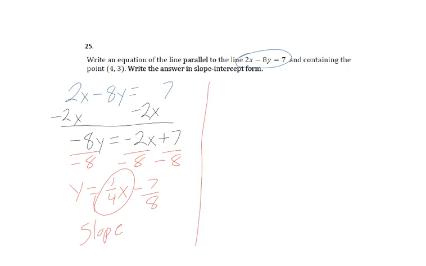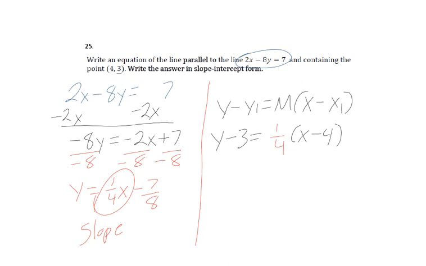So we accomplished that. Part 2 is using our point-slope formula. So y minus y1 equals m times x minus x1. Since y is 3, we're going to do y minus 3 equals the slope, which is 1 over 4, and then x minus 4.